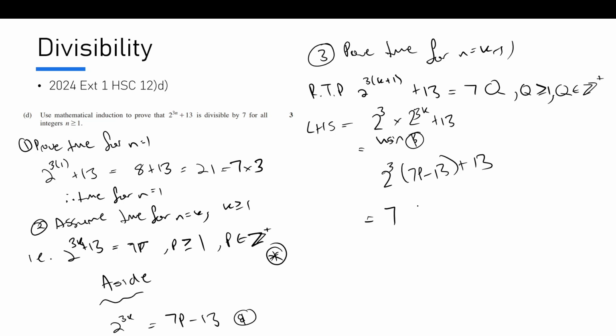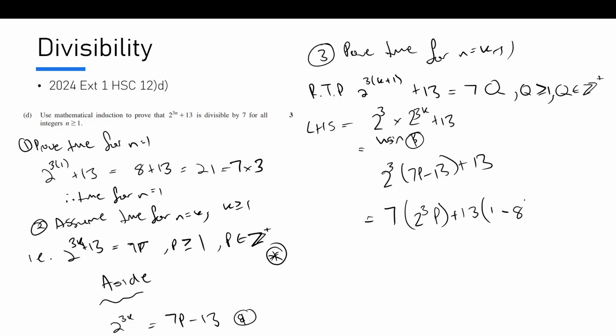We're going to take out a factor of 7 and we're going to go 2 to the 3p. So we're going to take out this here and simplify it into this in one step. And now we have these 13s here. So in one step, we're going to take these out and group them together. So we have plus 13, we're going to have this 1 from here, minus, and now we're going to take this 2 to the 3 here.